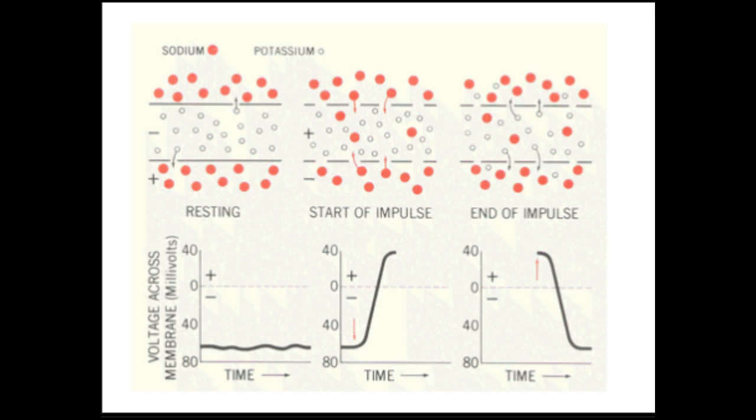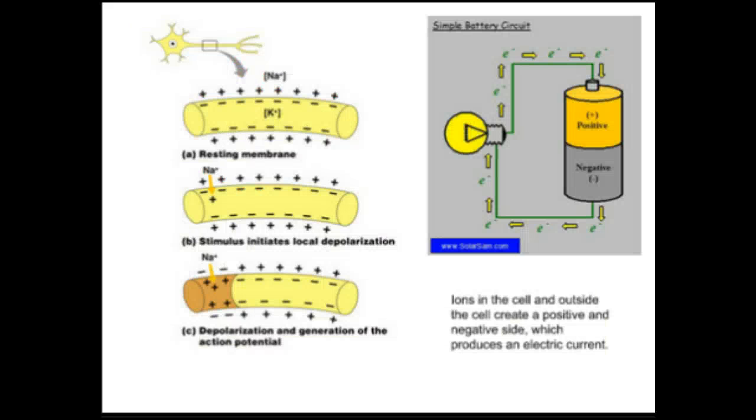Okay, so on our neuron, I'm going to go ahead and explain this first. On the inside of the neuron, we have potassium ions, and on the outside we have sodium ions, which are positively charged.